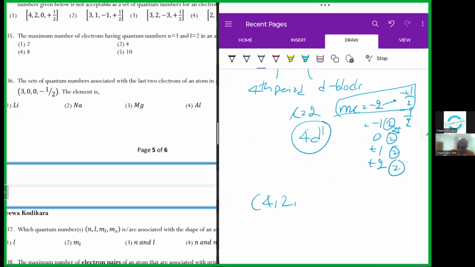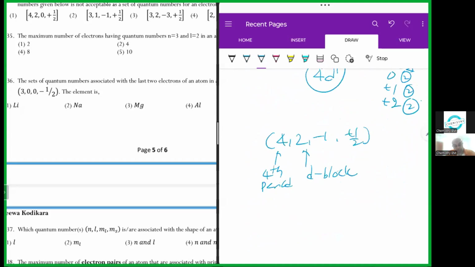Now 4, 2, minus 1 and plus half. This is the last electron, for example. This is in the fourth period and it is the d block.